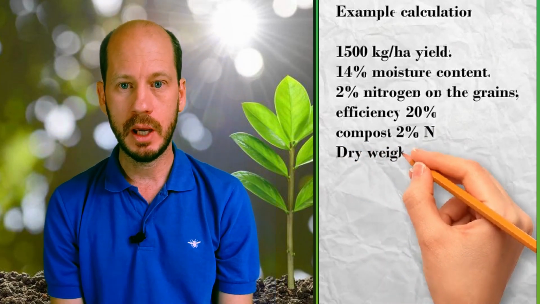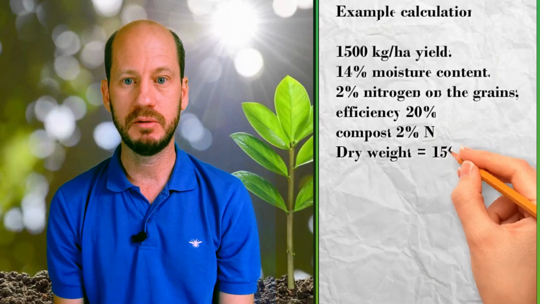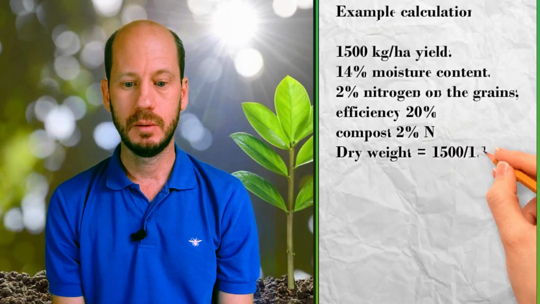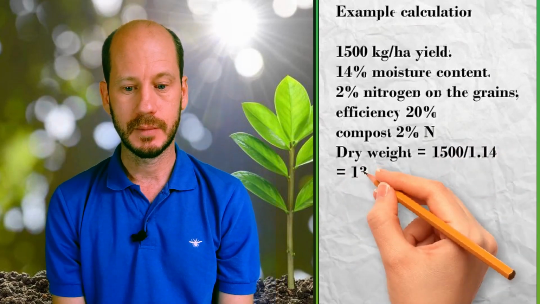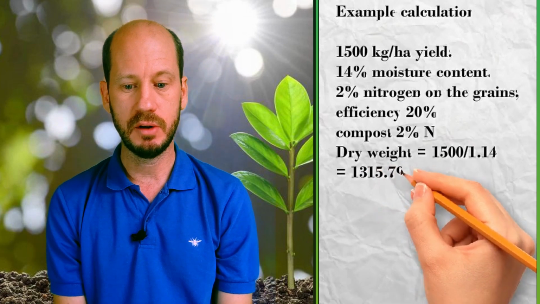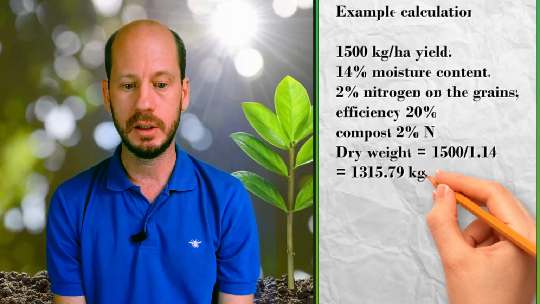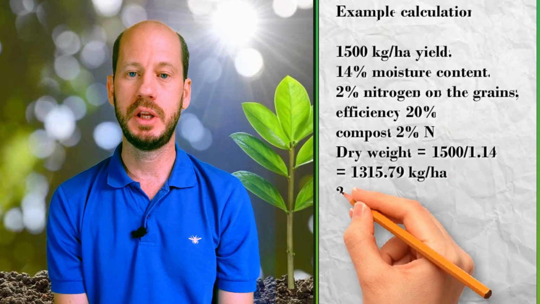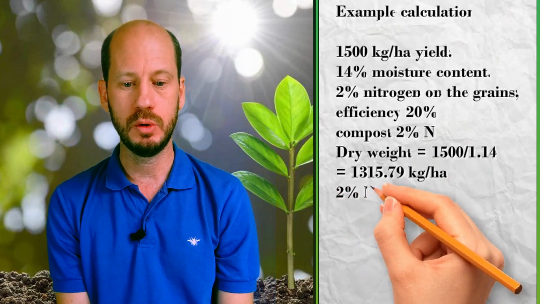Now you have this dry weight, and this dry weight has some amount of nitrogen. So we are saying here that the percentage of nitrogen in these grains will be 2% also, okay? And the percentage of nitrogen in the compost will be 2%.